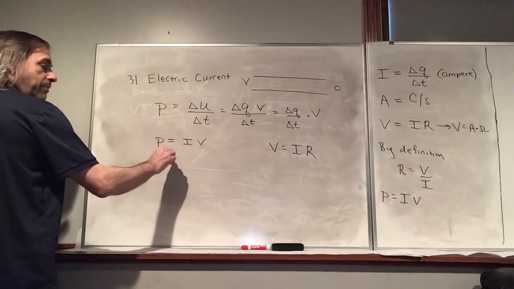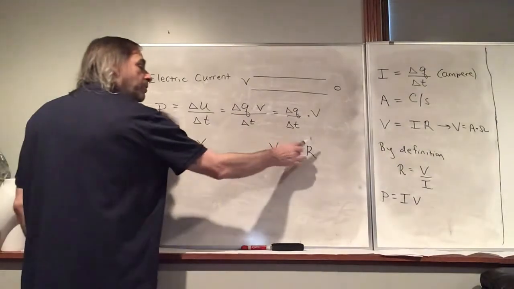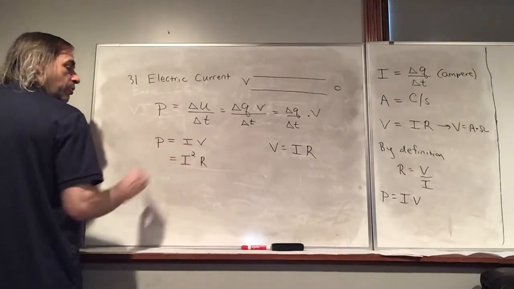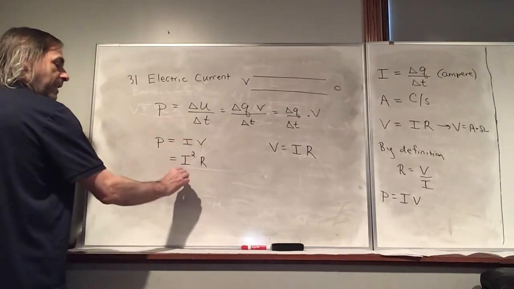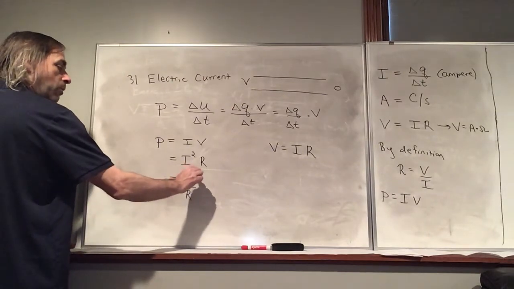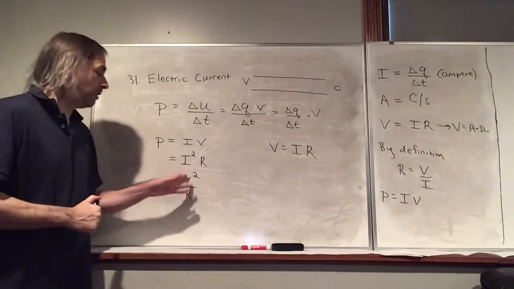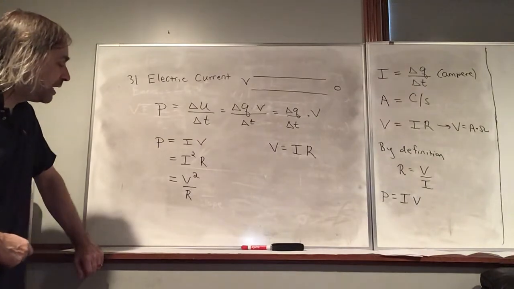But the voltage is IR, so we could say I squared R. Or we could say I is V over R, so that's our current, and then times the voltage, so we have V times V, which we write as V squared.